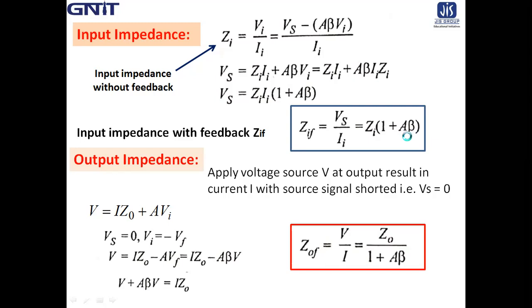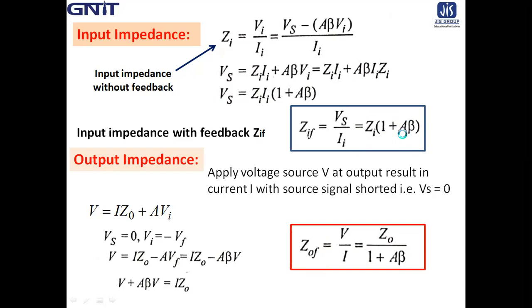Thus the input impedance with series feedback is given by the value of input impedance without feedback multiplied by a factor 1 plus A beta.